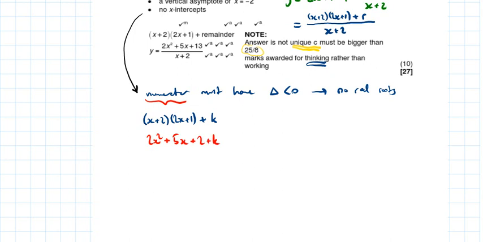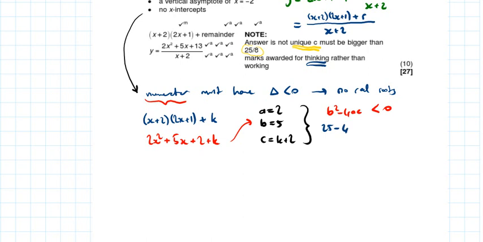Now for the discriminant, we must have a is equal to 2, b is equal to 5, and c is equal to k plus 2. Now let's just think. What is b squared minus 4ac? What must be less than 0? We know that. So what is b squared? B squared is 25 minus 4 times 2 times (k plus 2) is less than 0.